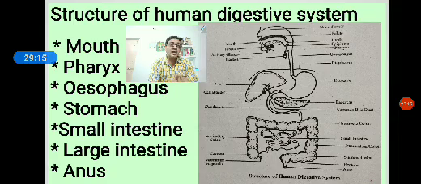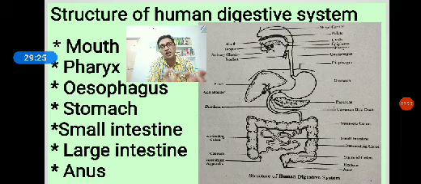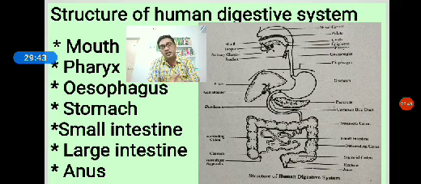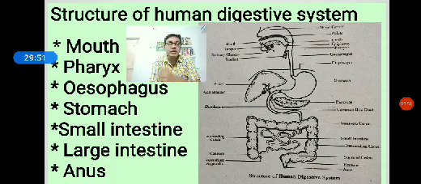The large intestine again absorbs the essential energy nutrients, as well as the excess water remaining in the undigested food. After the absorption of the water and essential molecules from the undigested food, it is passed into the rectum.